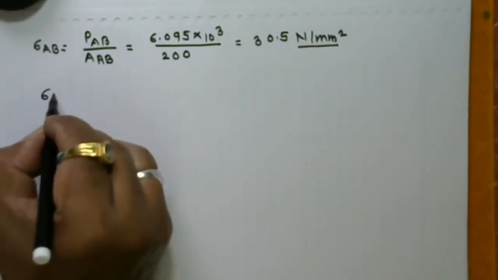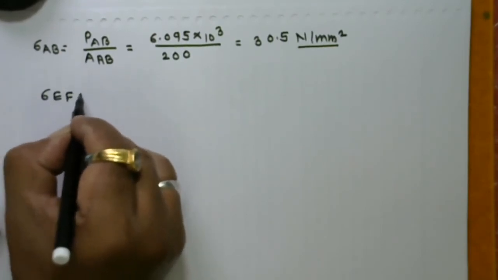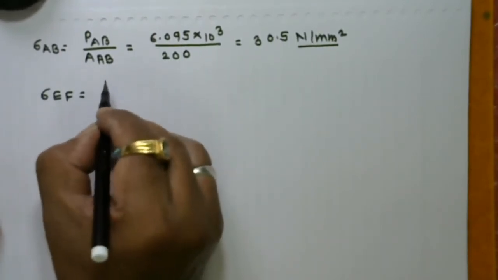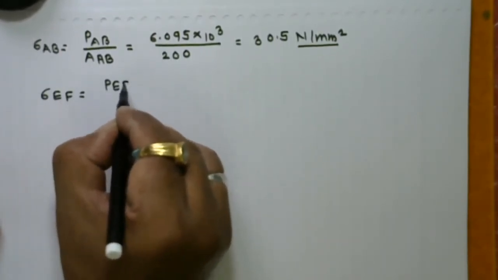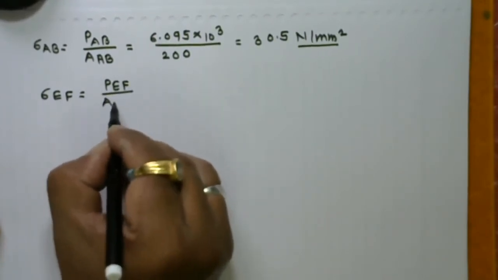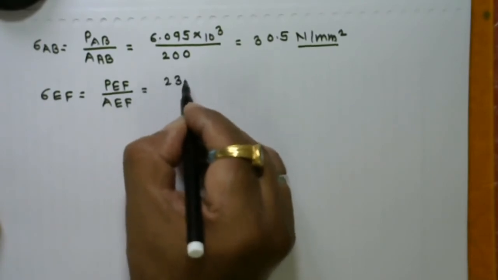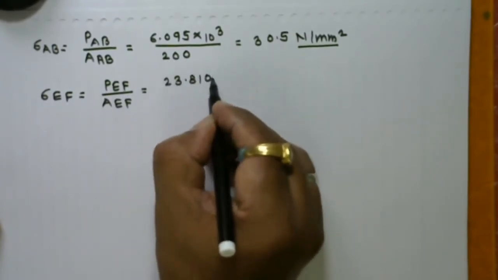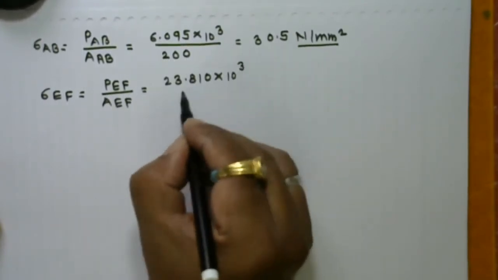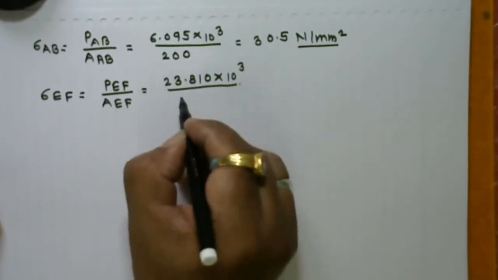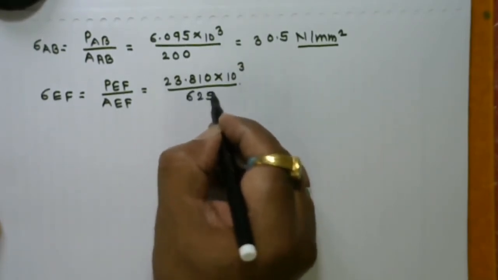In a similar way, stress acting at EF is PEF upon AEF, 23.810 into 10 raised to 3, and cross sectional area is 625.